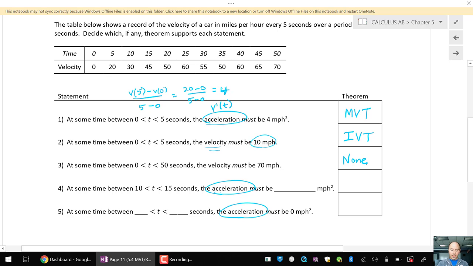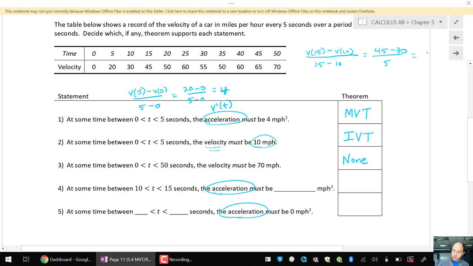Let's look at 4. At some time between 10 and 15 seconds, the acceleration must be blank miles per hour squared. Well, let's figure that out. So v of 15 minus v of 10 divided by 15 minus 10. That looks to be 45 minus 30 divided by 15 minus 10, or 5.